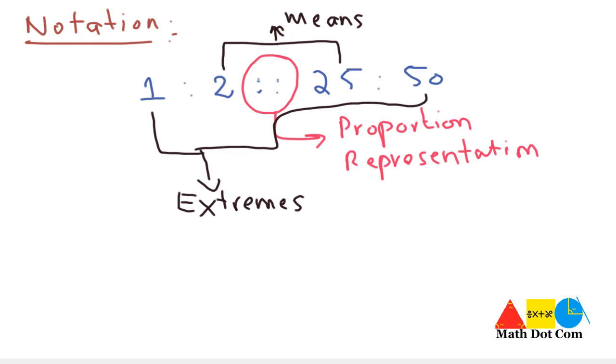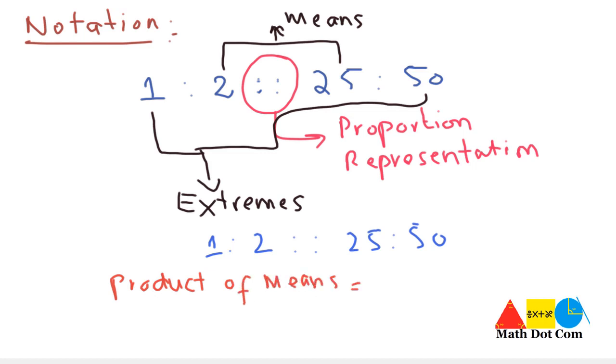Now we can verify the equality in a proportion, but how? If we have a proportion, as we discussed above, 1:2 proportion 25:50, we can verify its equality by the formula: product of means equals product of extremes. This is a very important formula.